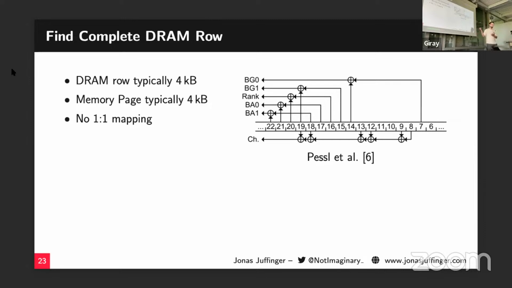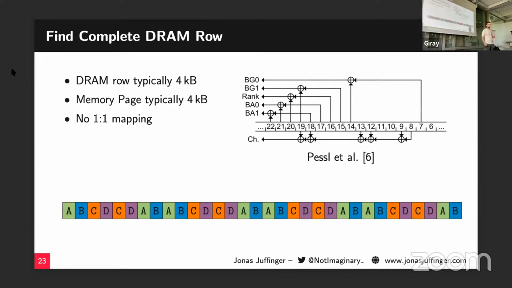This one is for Sandy Bridge, if I remember correctly, and they map the physical memory addresses to the actual locations in the DRAM. And what this looks like, for example, with this addressing function, is that we have 4 physical pages, like memory pages, A, B, C, D, and this is one DRAM row. So this is how they are located in a DRAM row. And now we have to find this to be able to perform a proper RowPress attack, because we have to access multiple offsets in this row.